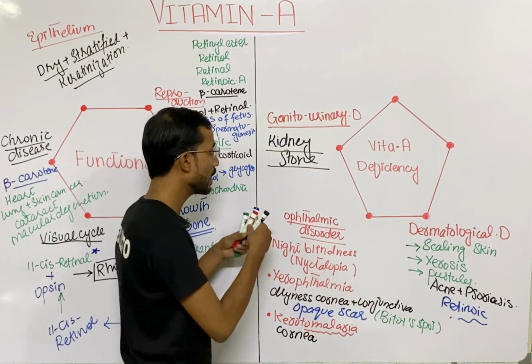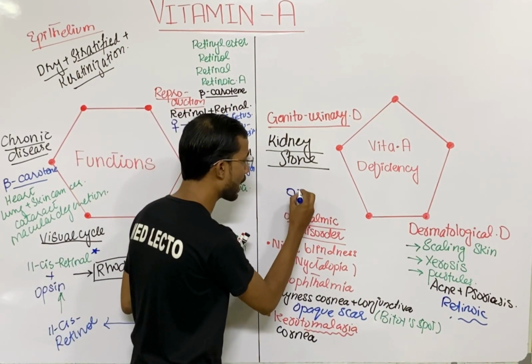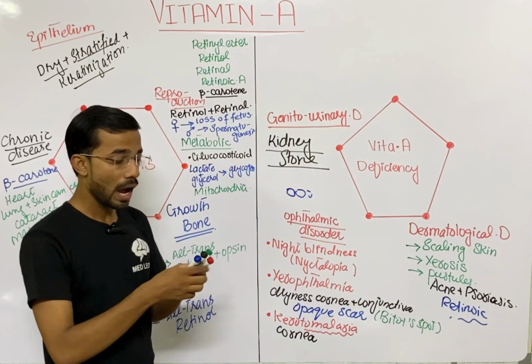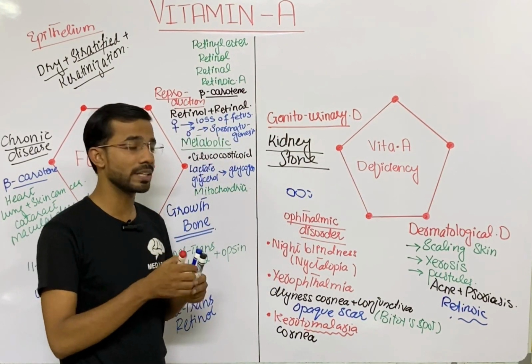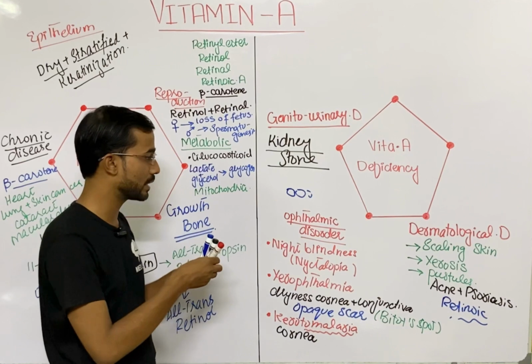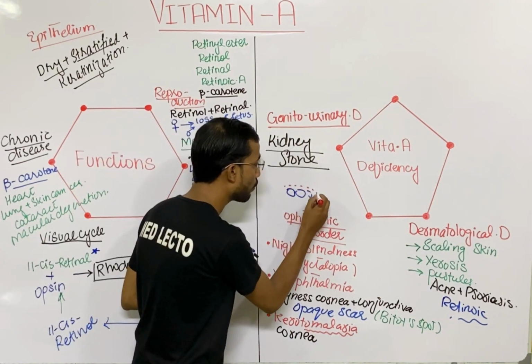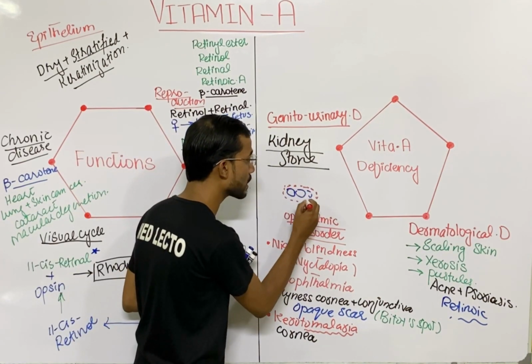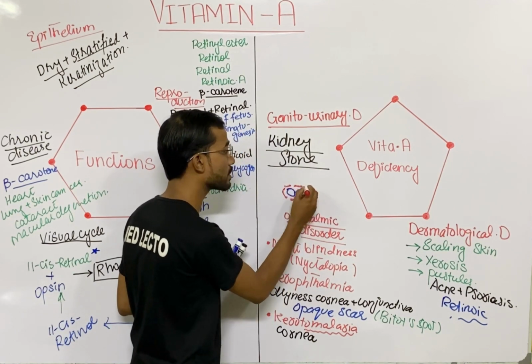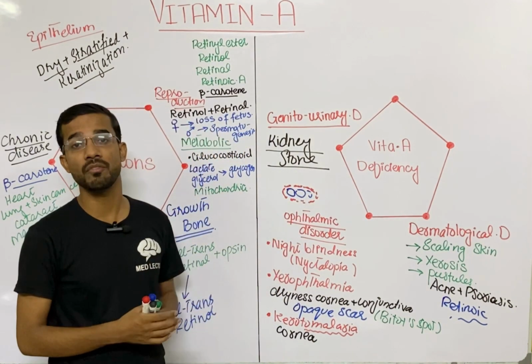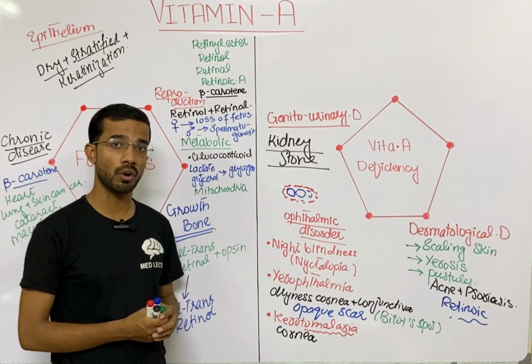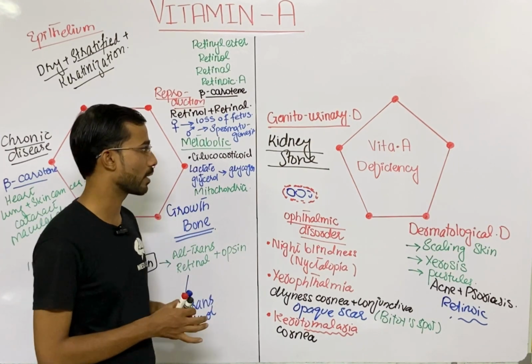Here is the keratinized epithelium. Around the keratinized epithelium, you will see the formation or accumulation of substances that are involved in the formation of kidney stones, oxalate, etc.